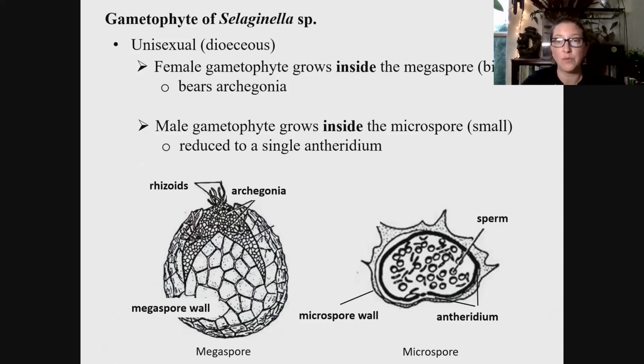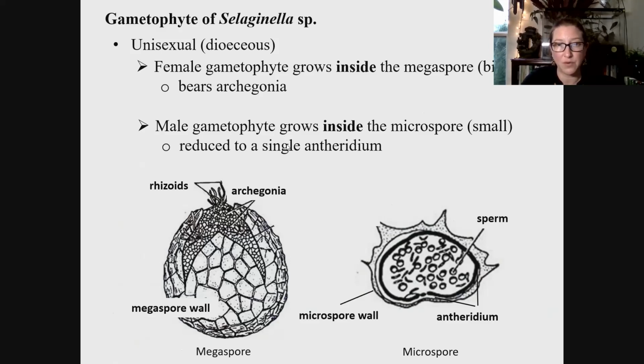That's all that remains of the male gametophyte plant. So you see a very large reduction in both gametophyte plants. So I'm drawing the microspore wall. And inside of the microspore is a single antheridium that will make sperm. And that's it.